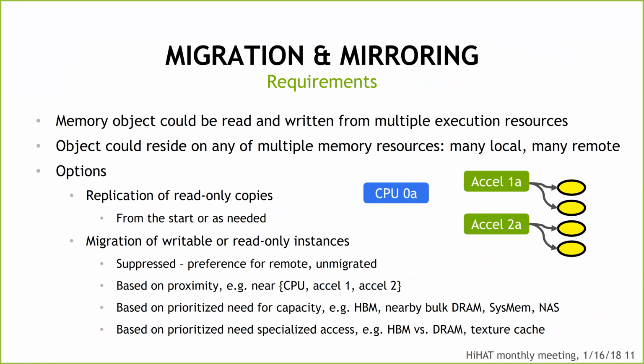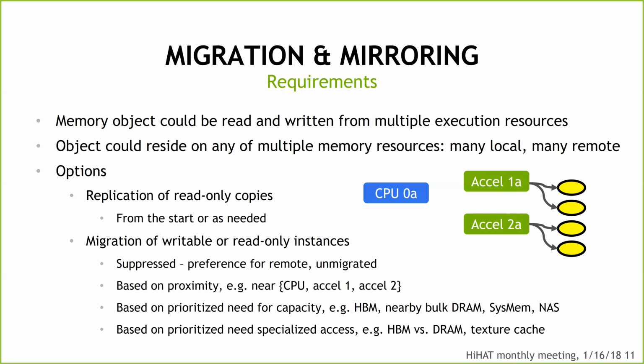All right, so now we also have to deal with other more general cases of dealing with memory. Among the things are migration and mirroring. A memory object could be read and written from multiple execution resources. It could reside on any of multiple memory resources. There could be many local things, there could be many remote locations. So there are a variety of different policies that you could have.